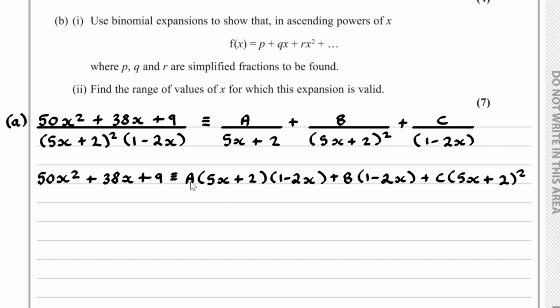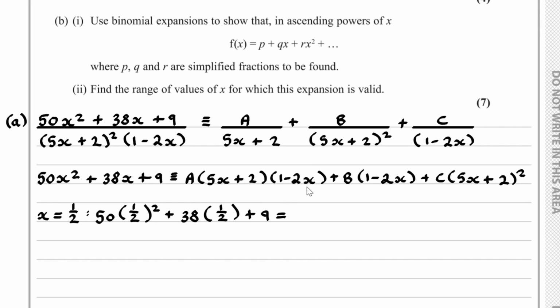Well, we can eliminate the bracket here and here by letting x equal 1/2. And if we let x equal 1/2 on the left hand side, we've got 50 lots of 1/2 squared plus 38 lots of 1/2 plus 9.